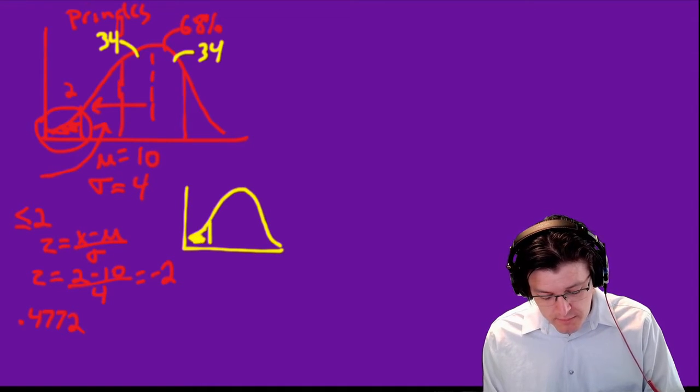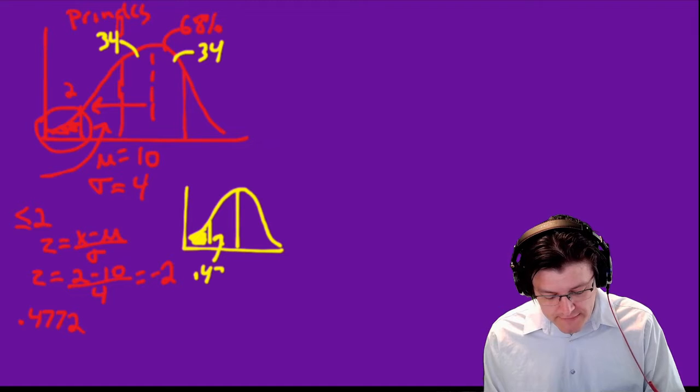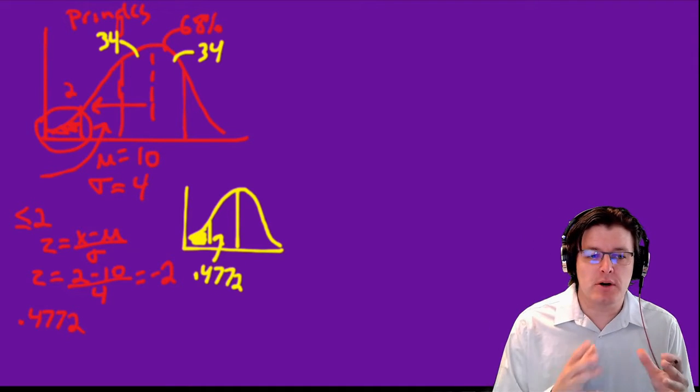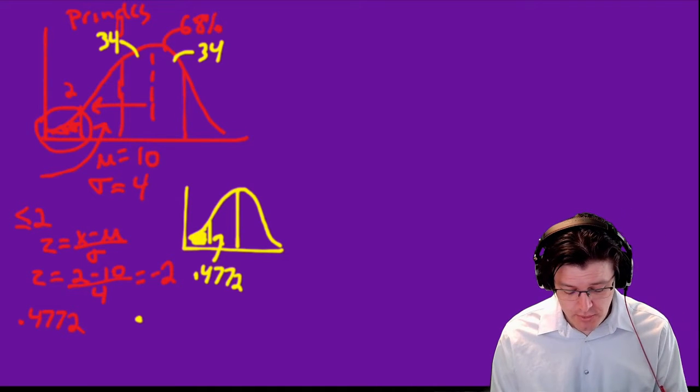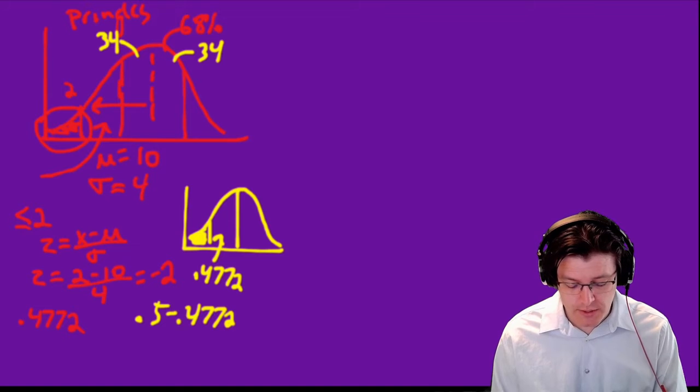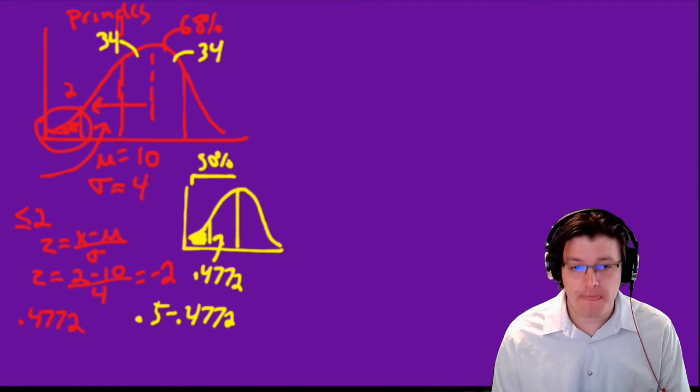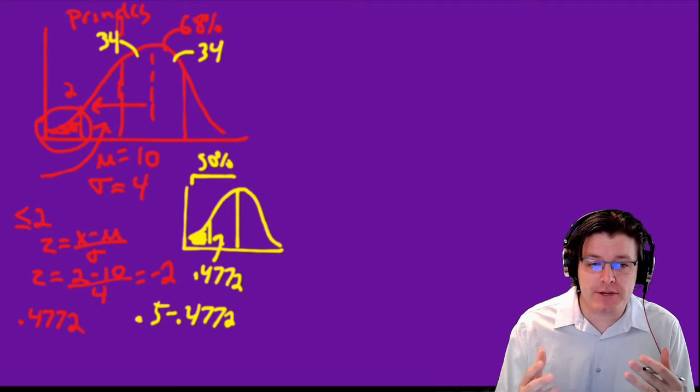We are looking for this area, and what we've just found is this is 0.4772, so we can subtract from 50%, so 0.5 minus 0.4772, because we know this range is 50%, half of the distribution, since it's symmetrical.